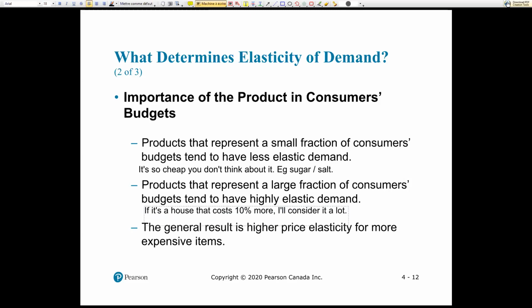But you could also think something else. Housing in general: not elastic. What does that mean?